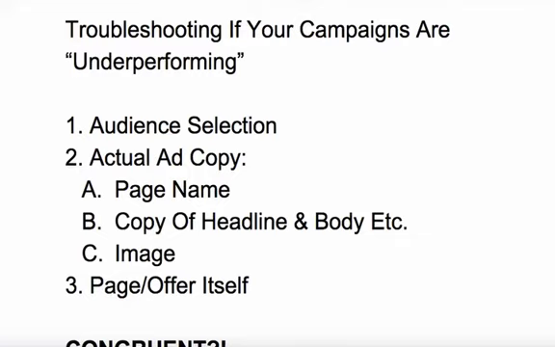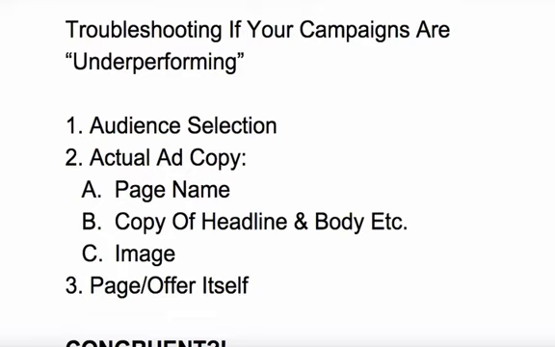Thing number one, or step number one, or the first thing to look at is your audience selection, right? Have you either intentionally or unintentionally made a mistake with your audience selection when you created the campaign? And/or is the audience that you selected incongruent with the rest of your campaign, which is the next several things we're going to talk about?